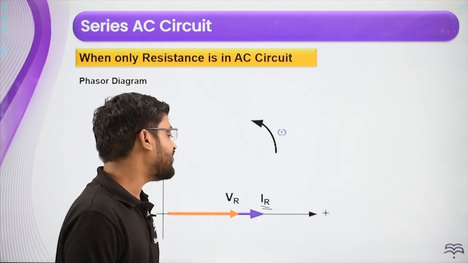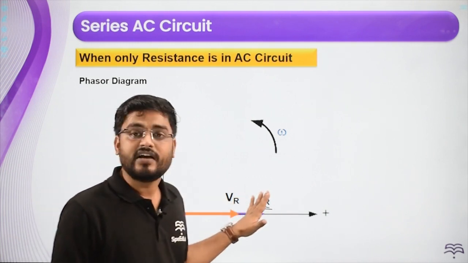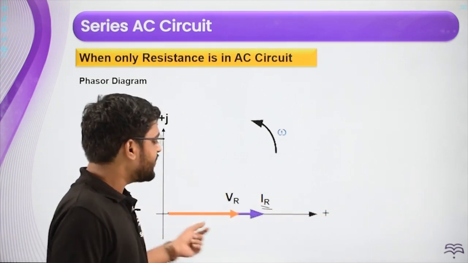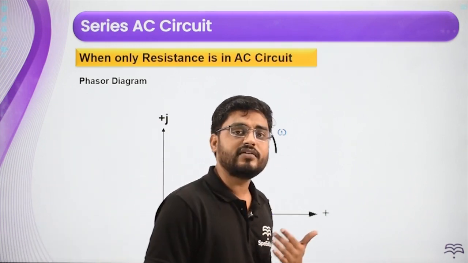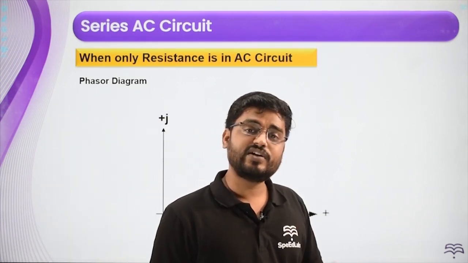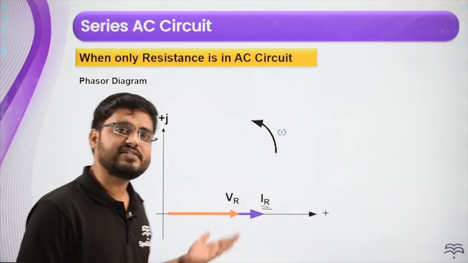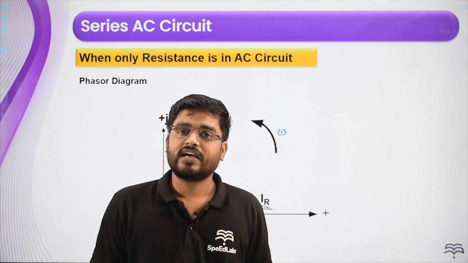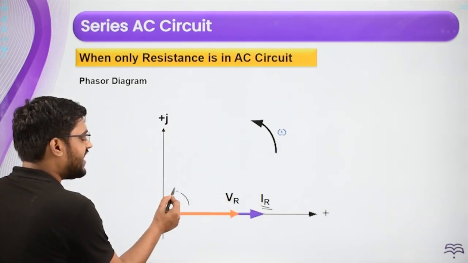So the same amount of current, that's why we keep our current on the x-axis. Current is fixed, current is always there, okay? So we always draw IR here. What about VR? VR depends on whether the voltage leads or lags, and based on that we draw. Here we know that voltage and current are in the same phase. If they are in the same phase, then we don't keep any angle this way or that way.